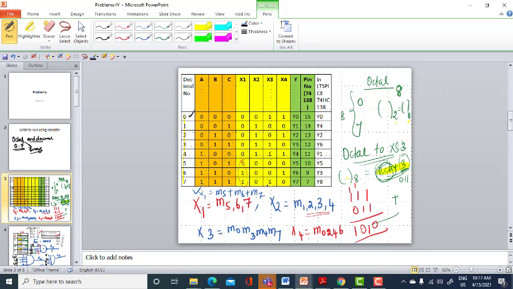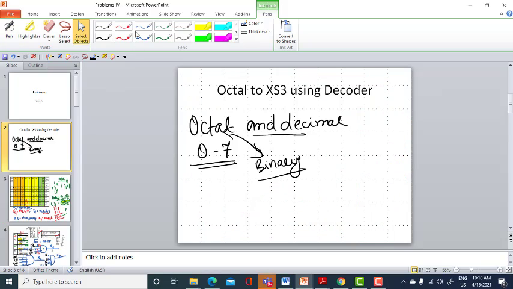Okay. So the output pins of your decoder. In a decoder, you have n inputs and 2 power n outputs. So the input is 3 bit, so 3 is to 2 power 3, so 3 to 8.